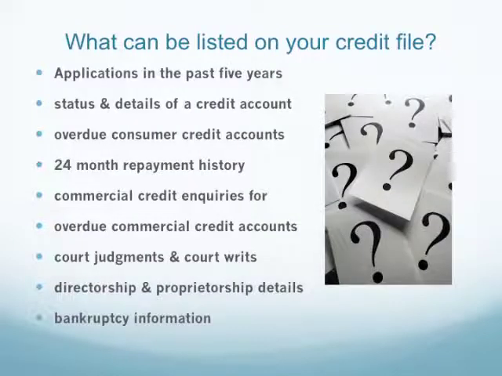The credit information that can be listed on your credit file includes credit applications made in the past 5 years relating to loans for household, personal, or domestic purposes, the status of a credit account, the date it was opened, and, if closed, the date it was closed, and the credit limit on the account, details of overdue consumer credit accounts, a 24-month repayment history, credit inquiries pertaining to applications for credit for commercial purposes, details of overdue commercial credit accounts, court judgments and court writs, directorship details, proprietorship details, and bankruptcy information.